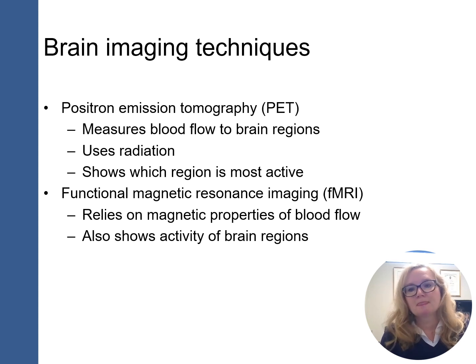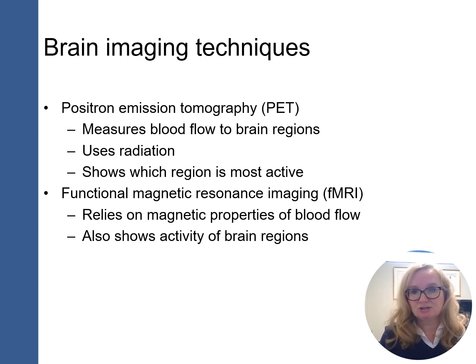Also, in other studies, we will look at things like PET and fMRI. PET, positron emission tomography, looks at blood flow in different brain regions, uses radiation and shows which regions are active. But more often you'll see studies using fMRI, where they're using magnetic resonance imaging in a functional way that relies on the magnetic properties as blood flows into regions when they are being used, and that shows activity in brain regions.